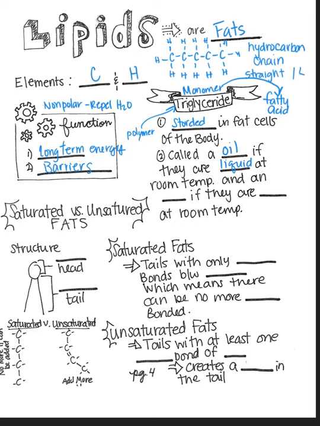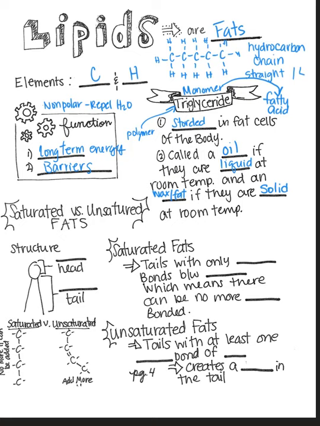But if they are solid at room temperature, they're known as a fat or wax. So if you've ever seen vegetable shortening or manteca, it's hard at room temperature. It's solid. Coconut oil does come in a liquid form, but it also comes in a solid form.